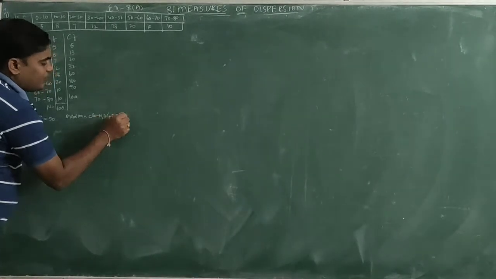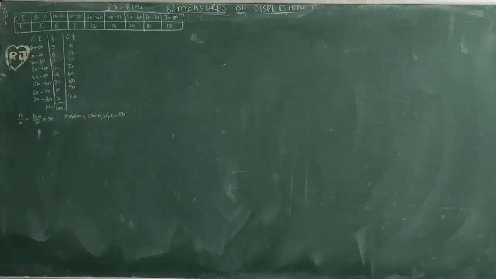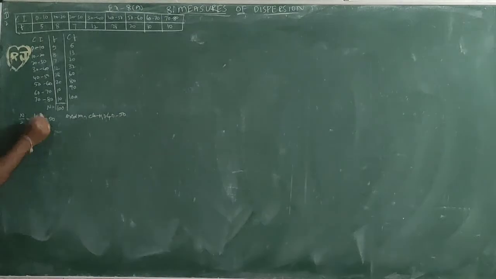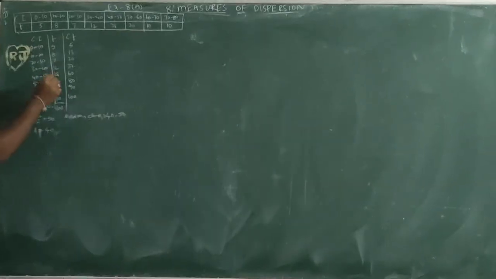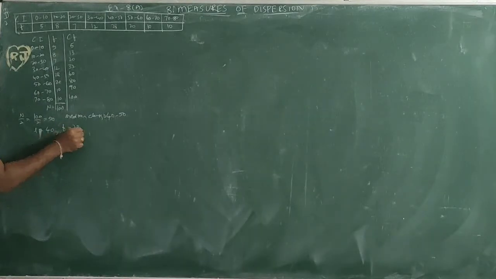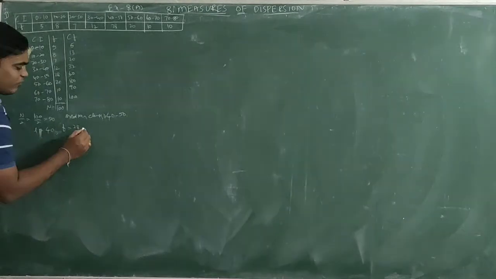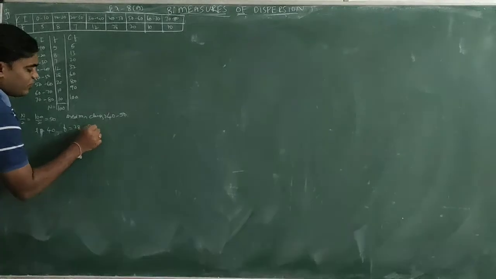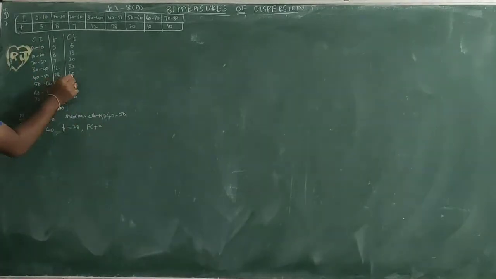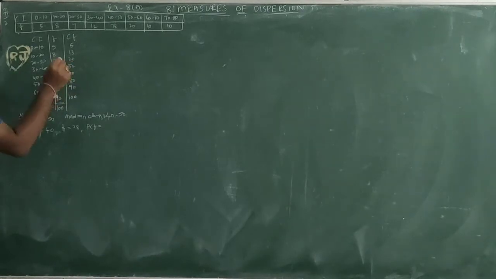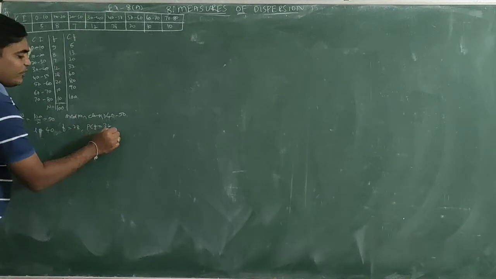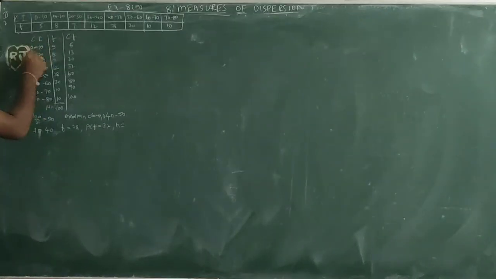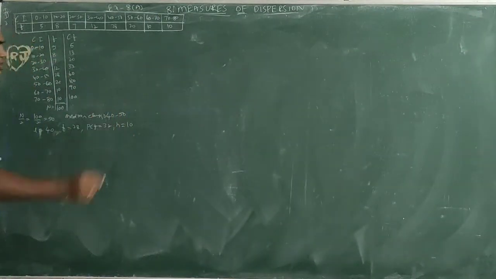The lower limit L is 40, the frequency f is 28, the preceding cumulative frequency PCF is 32, and the class size h is 10.